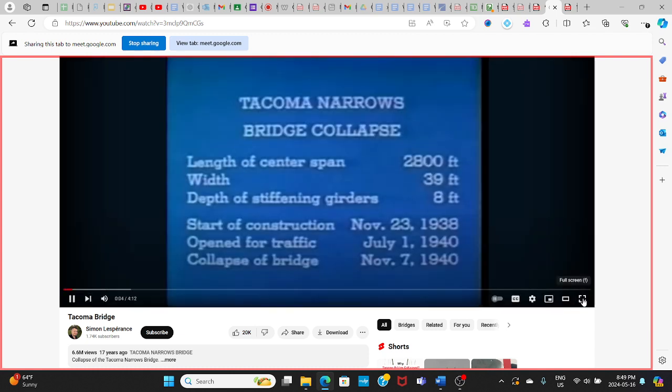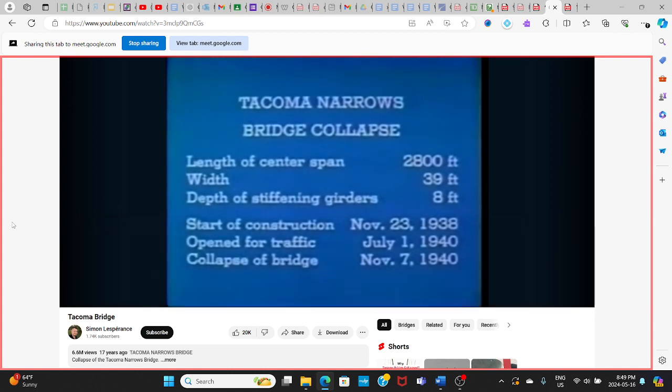As you can see, this bridge was exceptionally long and narrow, over half a mile long, only 39 feet wide. It lasted just 4 months.